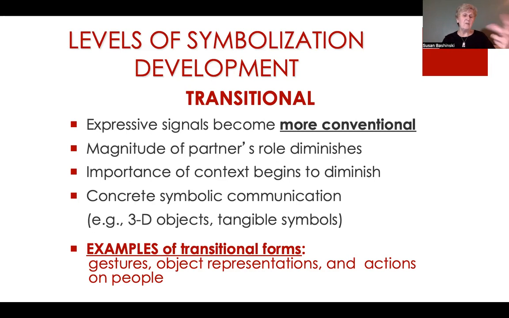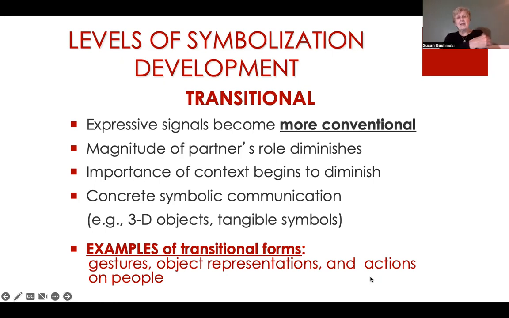They'll put a piece of plastic to say it's time to put on your AFOs, and kids will get that to help march them through their day as an object schedule. That is appropriate for a learner who's in the transitional stage, not meaningful for a child who's in the previous stage of non-symbolic. So examples of transitional forms: gestures, object representations, and acting on people.